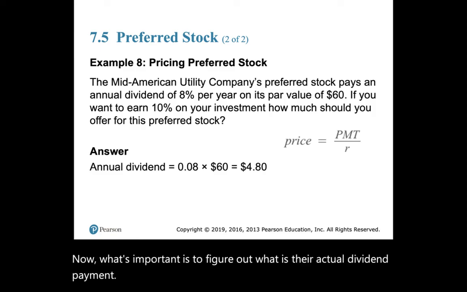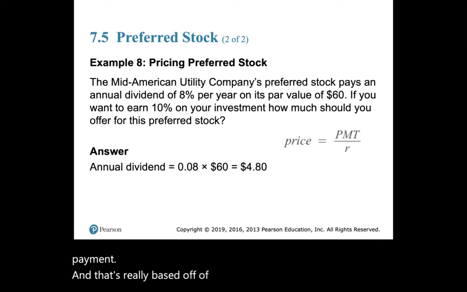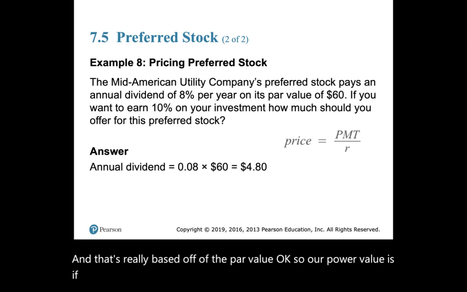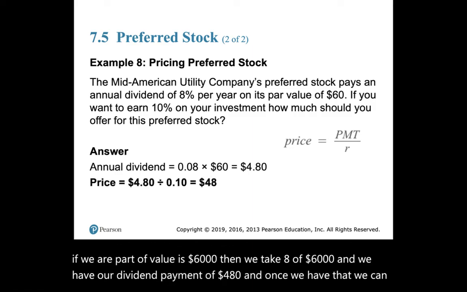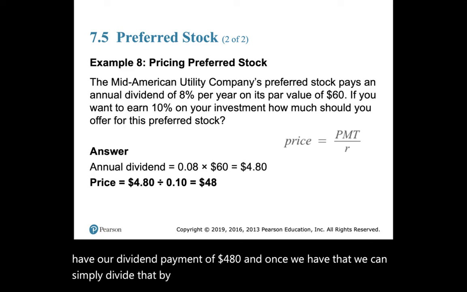And that's really based off of the par value. Okay, so if our par value is $60, then we take 8% of $60, and we have our dividend payment of $4.80. And once we have that, we can simply divide that by our rate of return, and that gives us a price of $48.